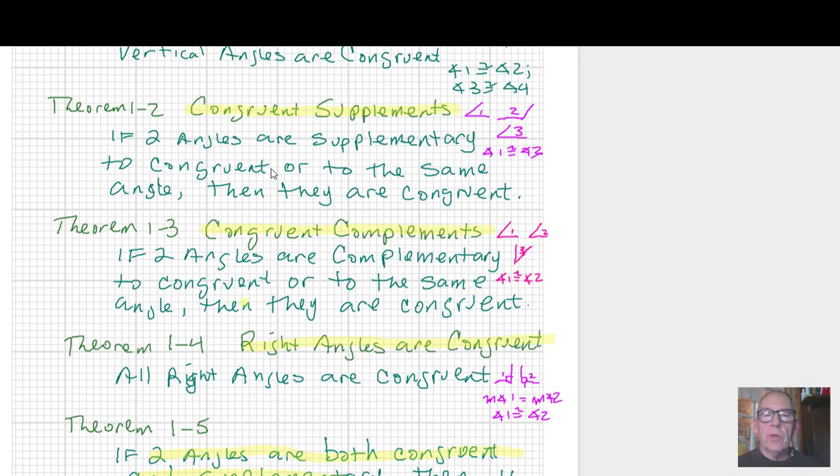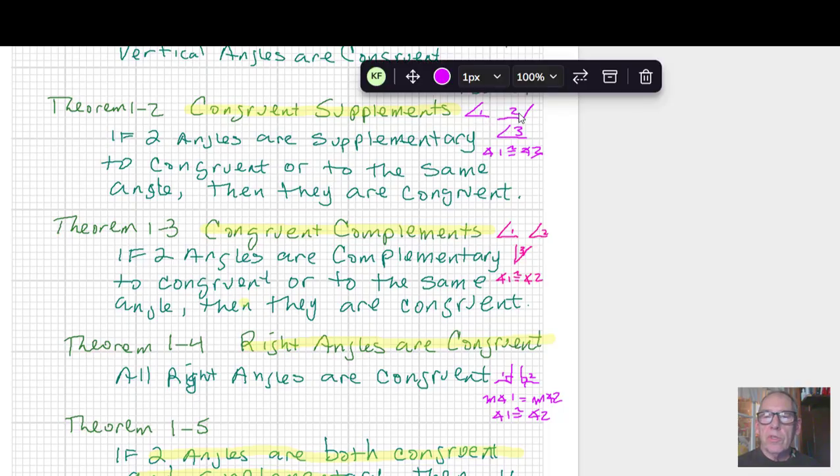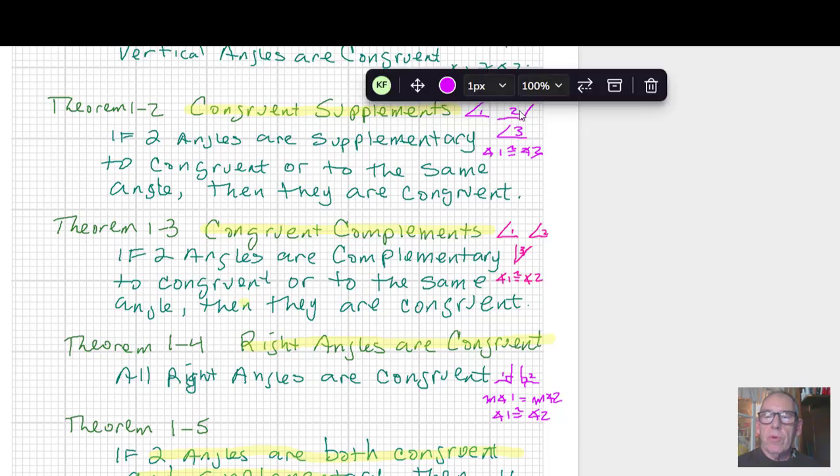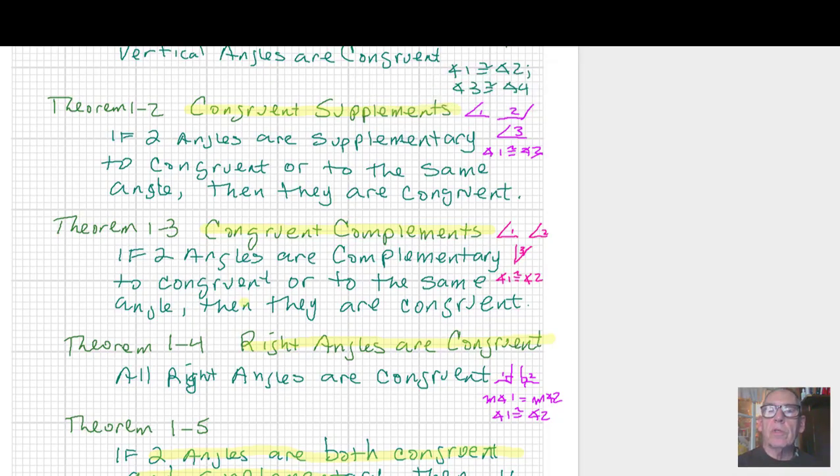If two angles are supplementary to congruent or to the same angle, then they are congruent. So we've got two angles. Let's say angle 1 is congruent to angle 3. So if angle 1 and angle 2 are supplementary, and angle 3 and angle 2 also are supplementary, then angle 1 is congruent to angle 3, is what we get from the congruent supplements.